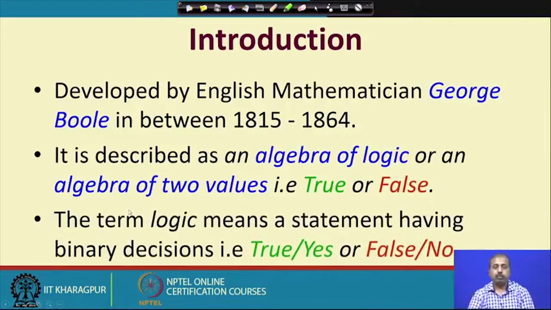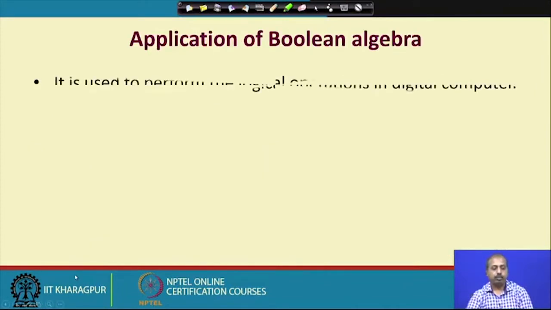Here the term logic means a statement having a binary decision. It may be true or yes, and false or no. So, either the statement may be true or false, or in some cases we may call true as yes and false as no. This is the basic idea behind Boolean algebra.